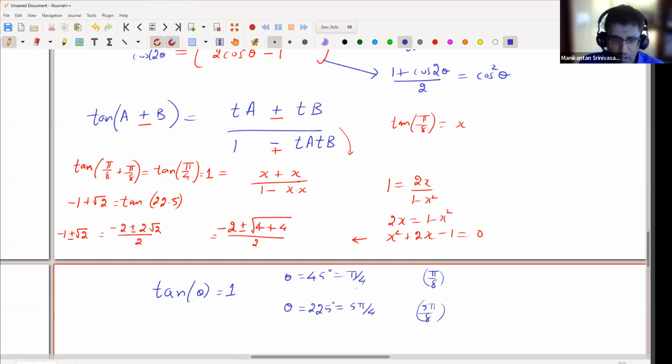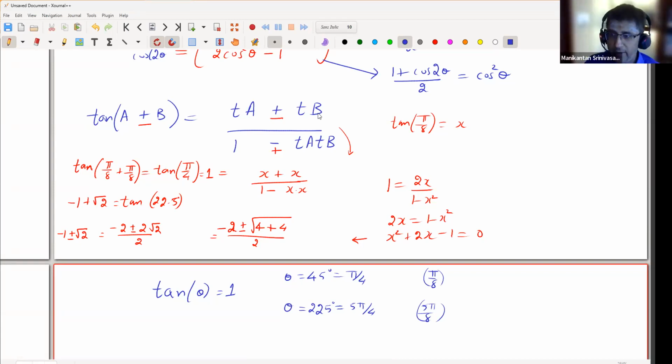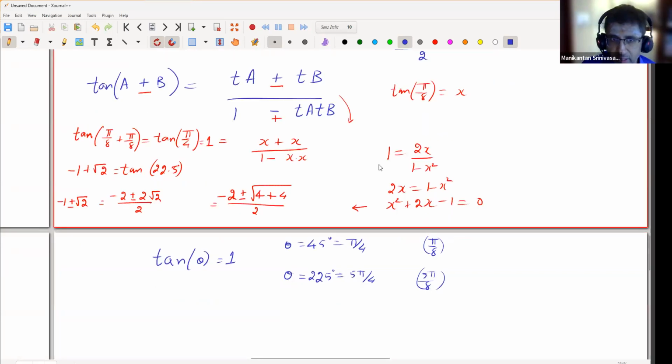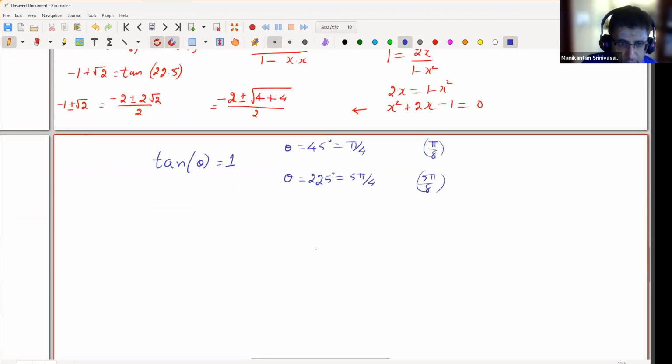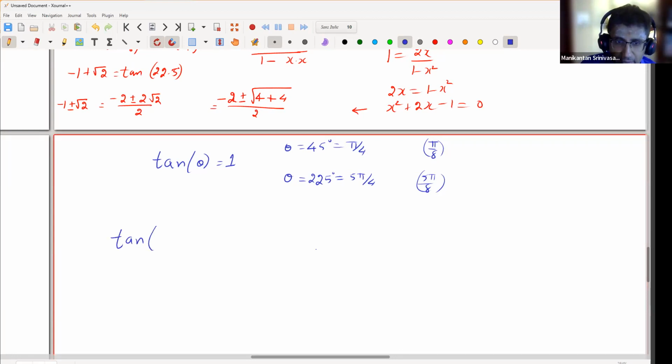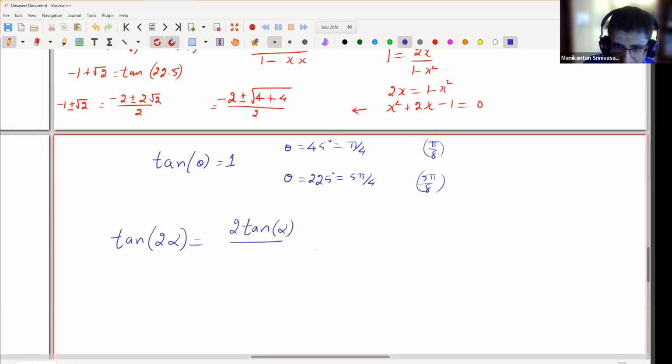Any doubts? Yes. Why is it that 1 plus root 2 is equal to tan 22.5, not tan 45? Tan 45 is 1. That's what we started off with. Let me just go over it again, maybe I did it quickly. By replacing A and B with both alpha and alpha, we said tan 2 alpha is tan alpha plus tan alpha, which is 2 tan alpha, by 1 minus tan alpha times tan alpha, which is tan square alpha.